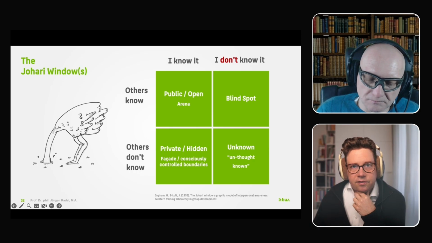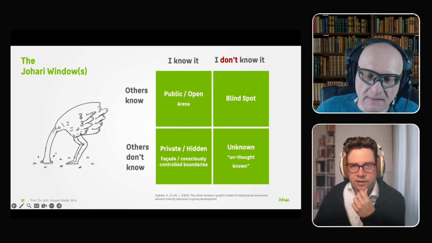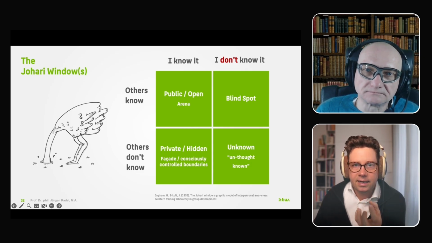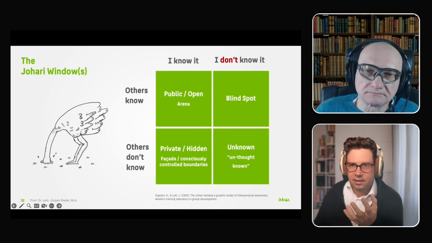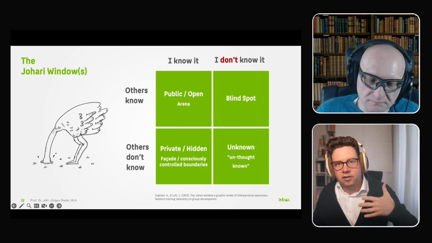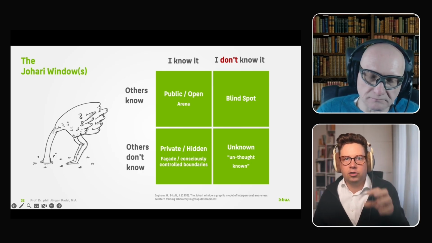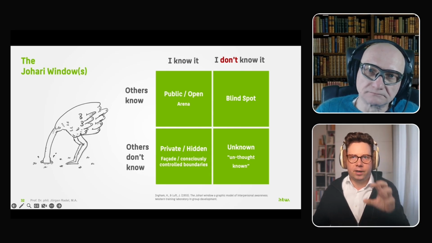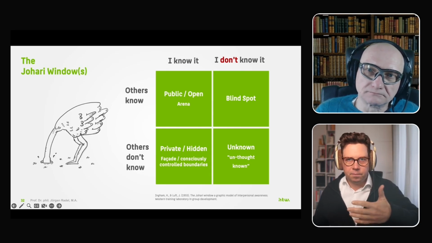There are also things that you know about yourself, but others don't know these things about yourself. These are the private parts, the hidden ones. Sometimes it's called the facade that you show to others, but they can't look behind the facade. That is a consciously controlled boundary that you put up for others to stop at this boundary.